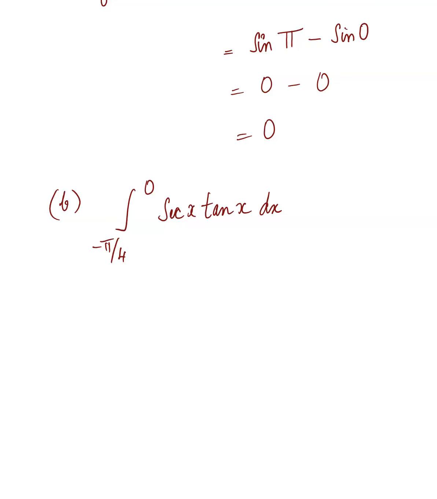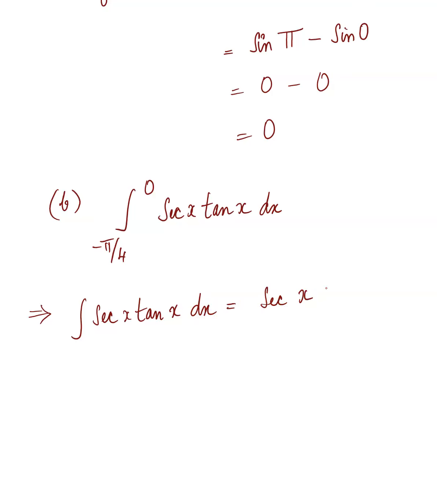And we know that the integral of secant x tan x is secant x itself. So you can see it two ways, okay? So this implies the integral, just the integral, I'm not talking about the definite integral, is secant x.